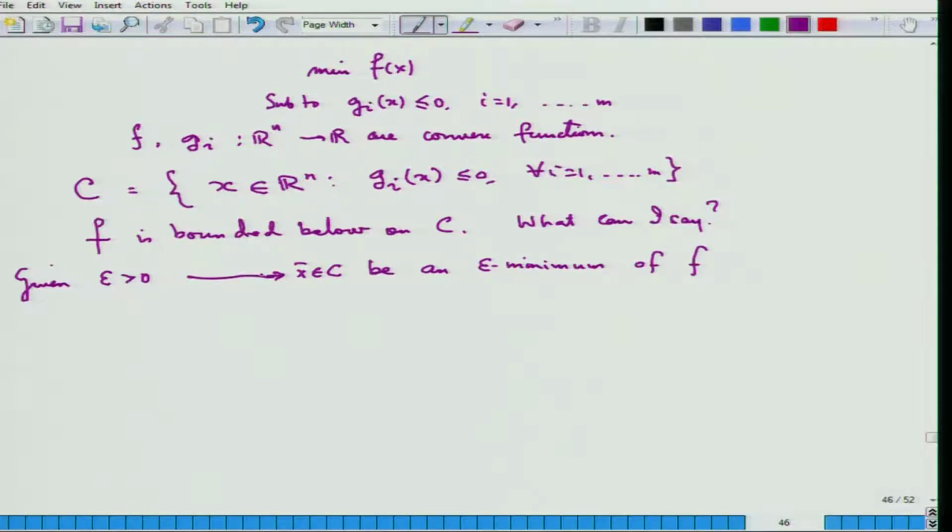Now, what does this show? If x bar is an epsilon solution, then the following system, f x less than f x bar minus epsilon and g i x less than 0, has no solution. If f x is greater than or equal to f x bar minus epsilon, then x bar is an epsilon minimum.